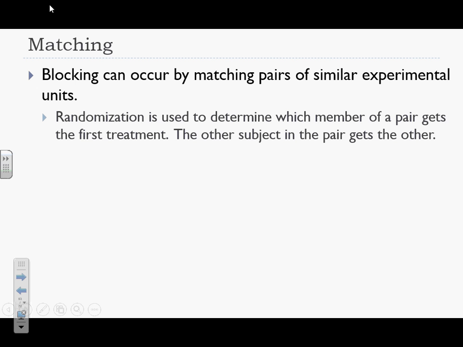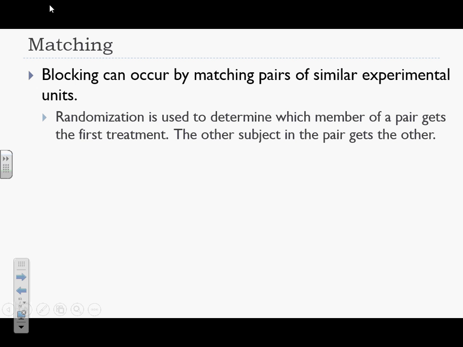So person 1 and person 2 should be pretty identical to each other. And then you go through that process throughout all of your subjects. Okay? If you're working with animals or plants or something like that, same type of deal. You try to grab plants that look about the same, so about the same time along in their progression, or about the same amount of health, things like that. So you're trying to pair together by similarities.